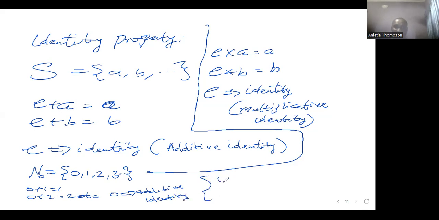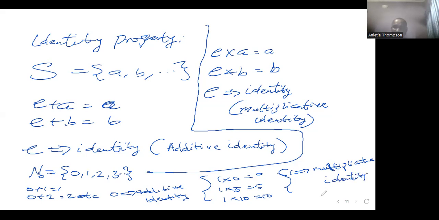Similarly, if I do 1 times 0, it gives me 0. 1 times 5, it gives me 5. 1 times 10, it gives me 10. So on this note, we can call one the multiplicative identity.